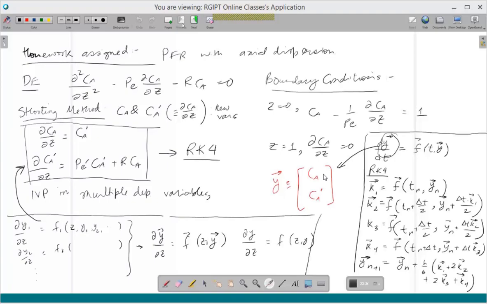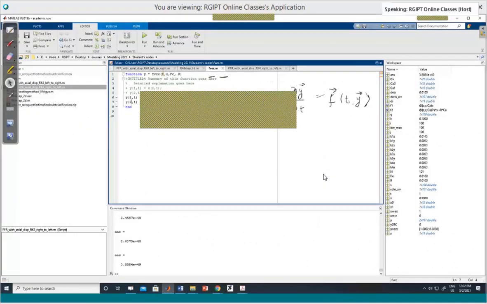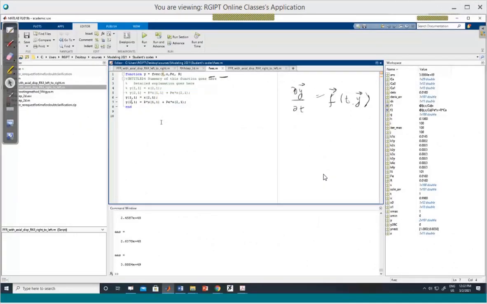This y I have defined to be my solution, basically two row vectors. The first row corresponds to the value of the solution, and the second is the derivative. So y2 comma 1 is the derivative and y1 comma 1 is the value; that is, y1 comma 1 is Ca, and y2 comma 1 is del C by del Z.